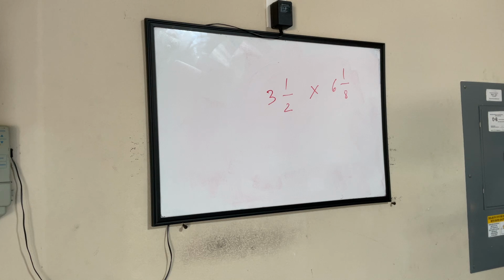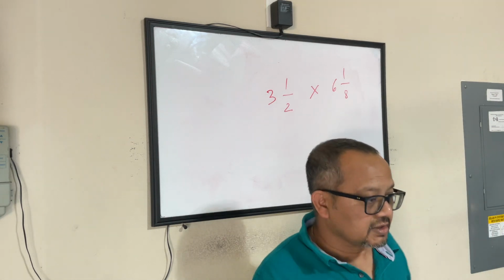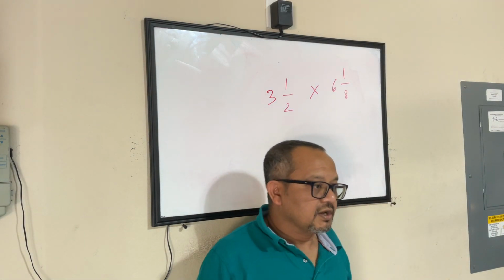So first show me where is the conversion of mixed number to fraction. I converted this to a fraction, 7 by 2. Then I converted this into this. Then I multiplied both of them. Okay, I think then you are on the right track.